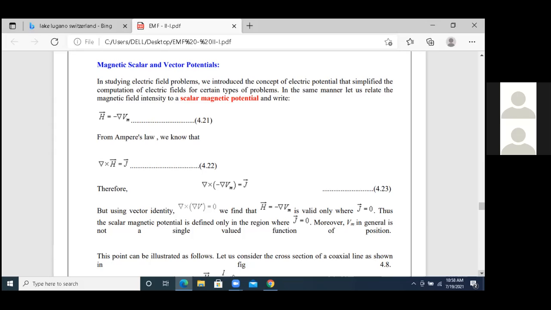So H, remember, in electrostatic field, we have E equals minus del V. So in magnetic potential, we have H equals minus del Vm. The subscript m is saying that it's a magnetic potential. And we have, from Ampere's law, del cross H equals J.